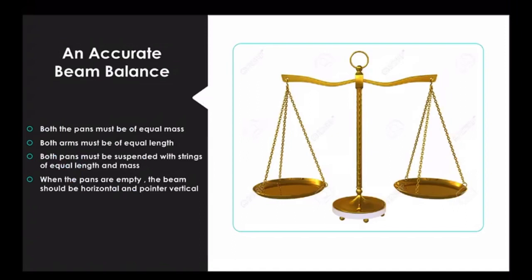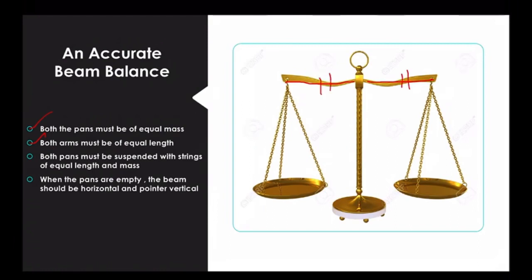Now, if you want to make a beam balance, there are a few things which you must keep in mind. First, both the pans must be of equal weight. Second, both arms must be of equal length. That is, the length from here till here is equal to the length from here to here.